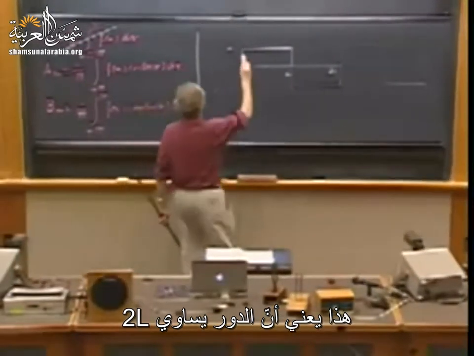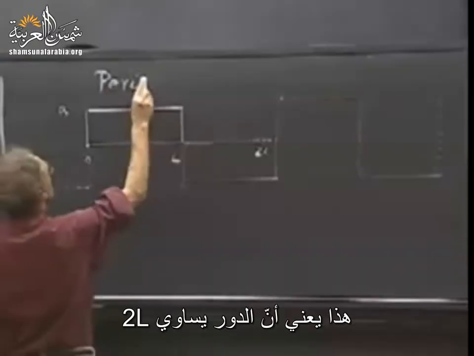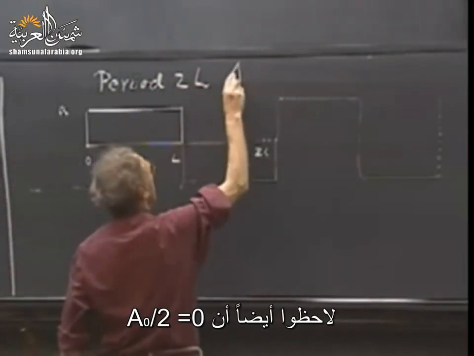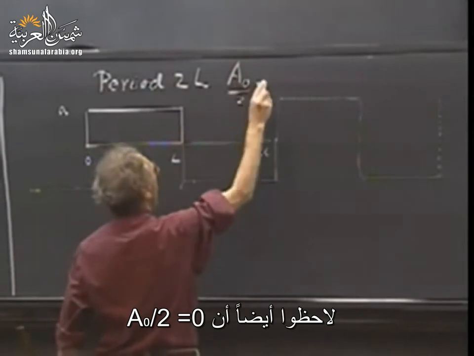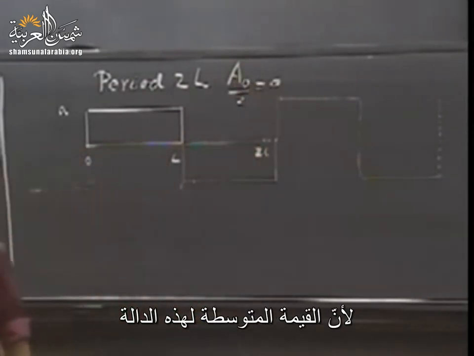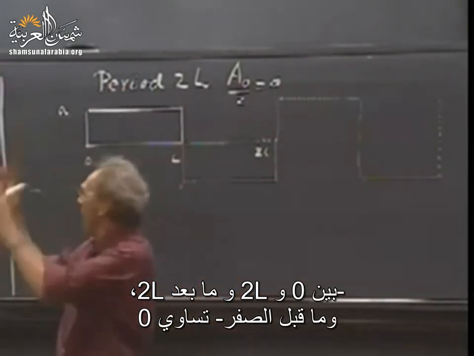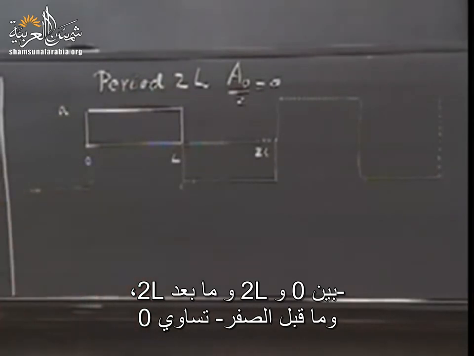So that means my period is 2L. And also notice that by doing that, my a0 divided by 2 is 0, because the average value of this function, which is now defined between 0 and 2L, and much beyond 2L, and below 0, has an average value of 0.